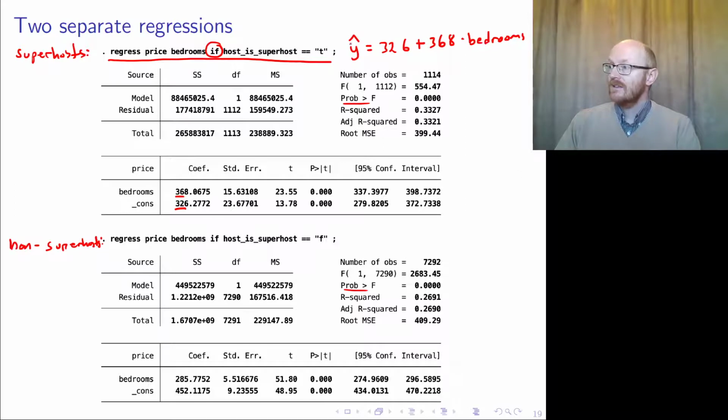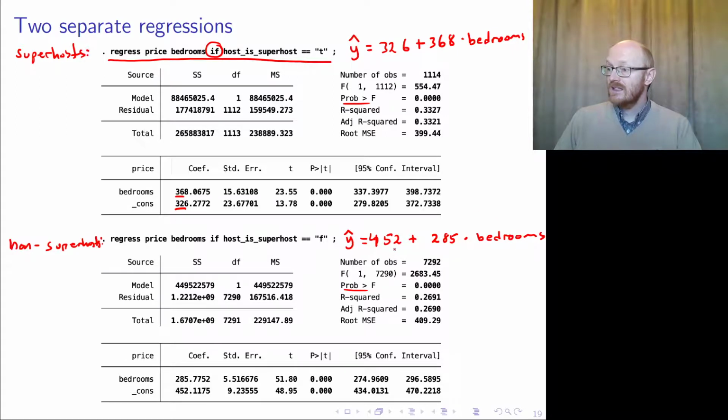That would be for superhosts, and for non-superhosts you have the estimated price of 452, which is the intercept, plus 285 times the number of bedrooms.